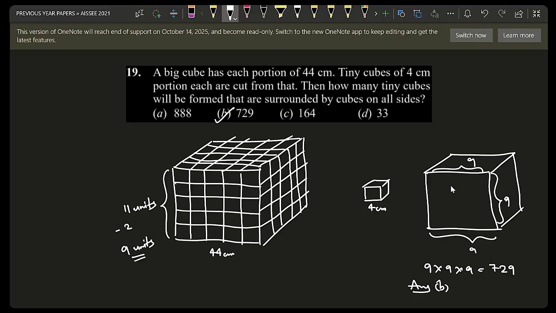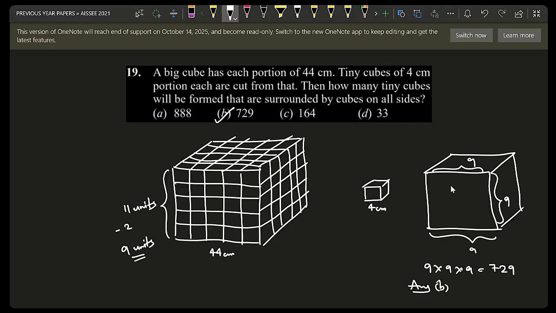Then I divide it into small pieces and scatter all the small pieces separately. Now the question is, how many cubes are there which are not receiving any paint? How to calculate that? We have to remove the outer layer first. If you remove the outer layer, the inner cubes are not receiving any paint.